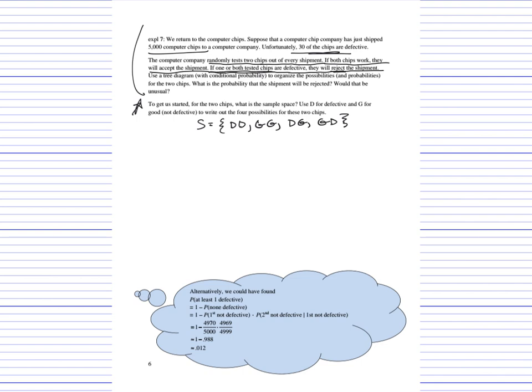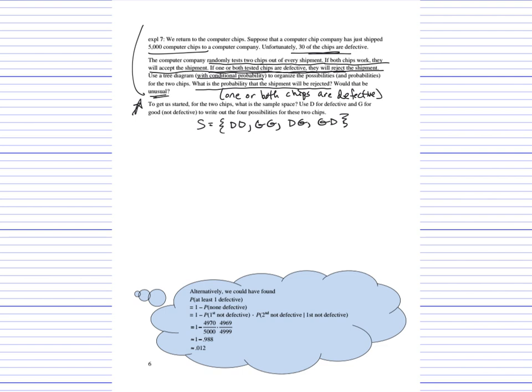So we know what it takes for them to reject the shipment. Use a tree diagram, it says, with conditional probability to organize the possibilities and probabilities for these 2 chips. What is the probability that the shipment will be rejected? Now let's think about, again, that means one or both chips are defective, right?